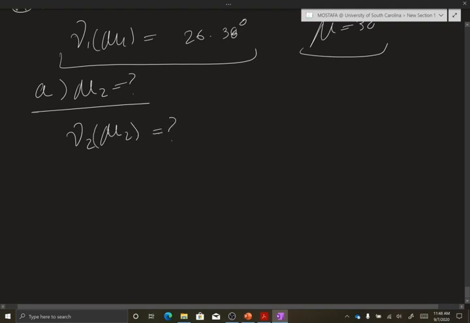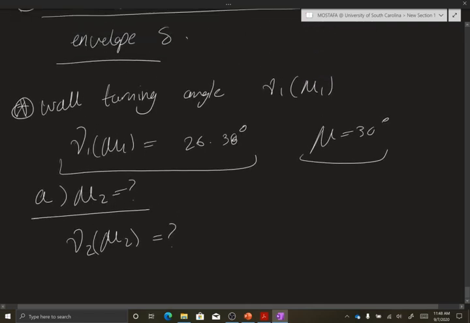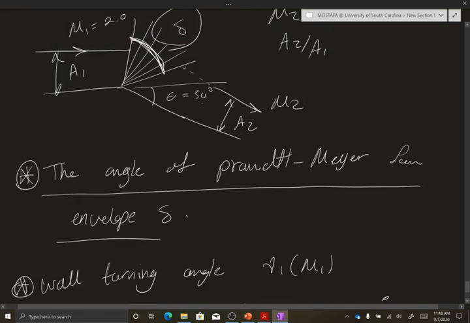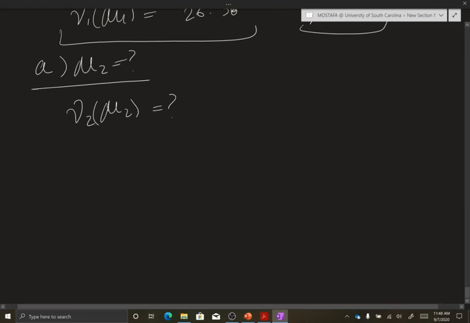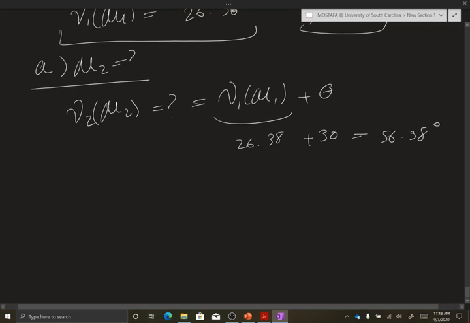If you recall from the lecture, your theta was essentially this angle, was nu 2 minus nu 1, right? So we can find nu 2 as nu 1 of M1 plus theta, right? We have 26.38 degrees plus 30. So your nu 2 is 56.38 degrees, right?